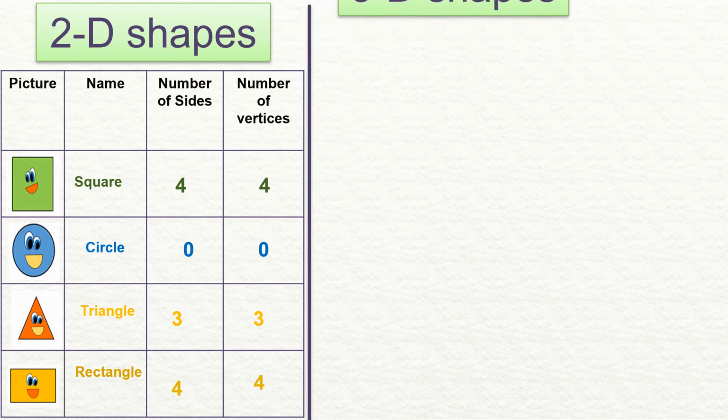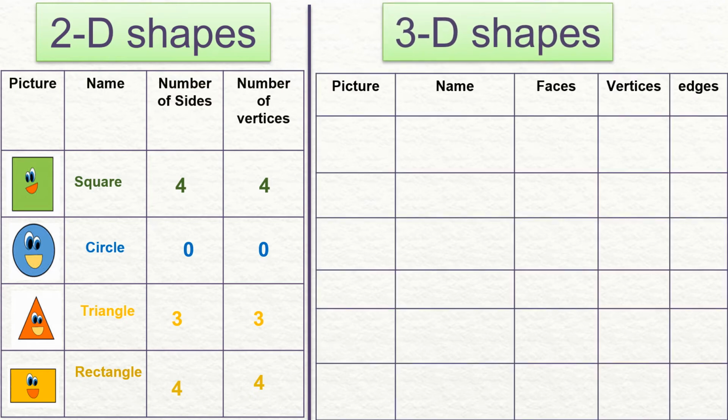Now let's know more information about 3D shapes examples. Here we have rectangular prism, and also its name is cuboid. How many faces? 6 faces. And how many vertices? 8 vertices. And how many edges?